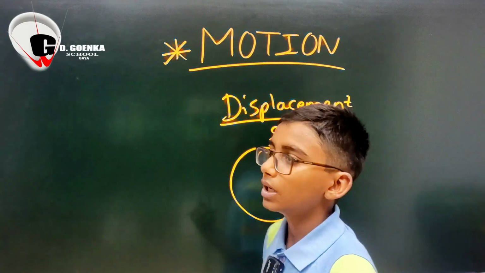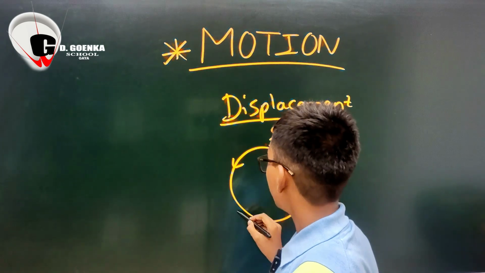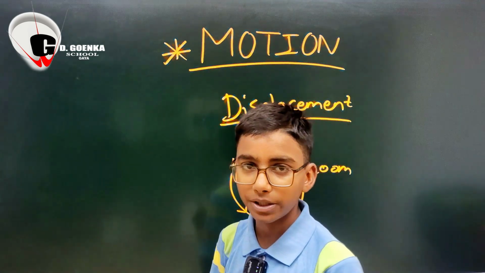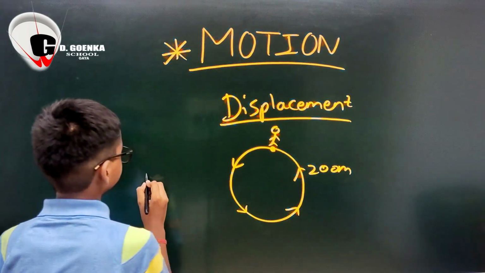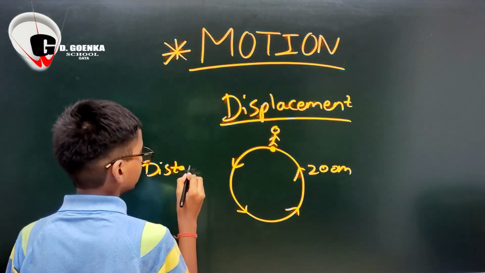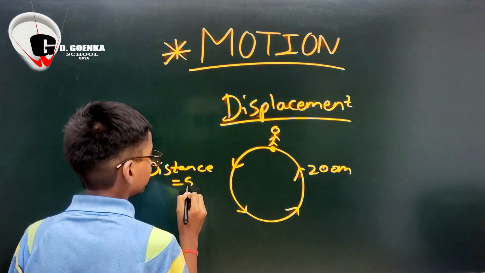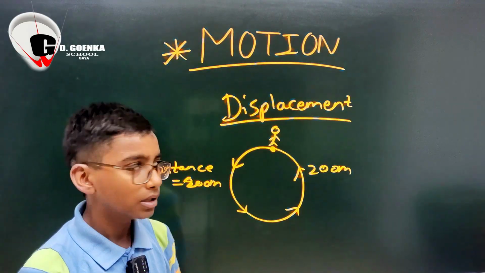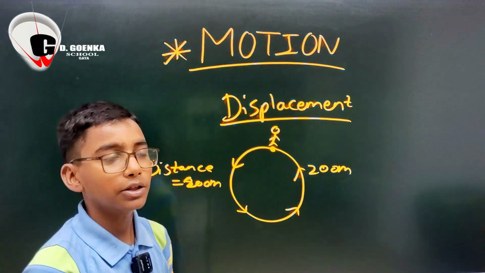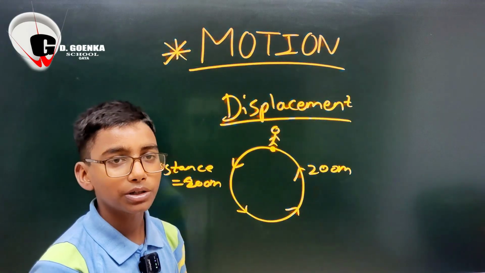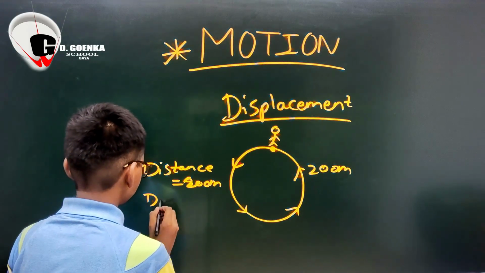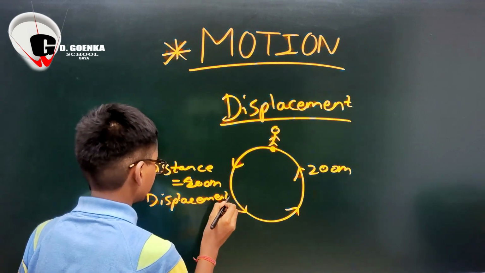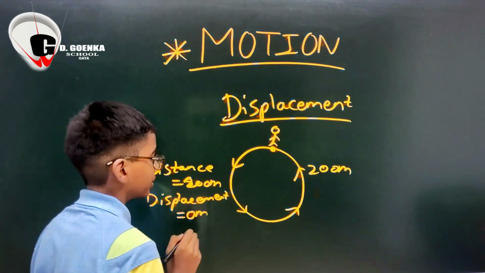So the distance he covered is this path, and as the length of the path is 200 meters, the distance is equal to 200 meters. But what about the displacement? The initial position is here and the final position is also here, so there is no gap. So the displacement is equal to 0 meters.